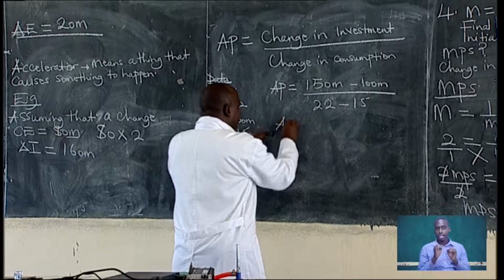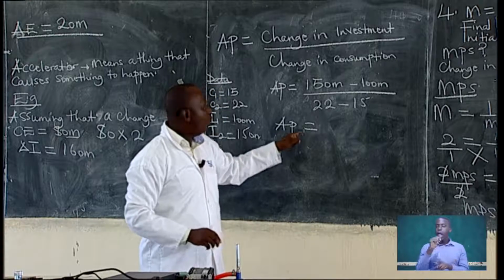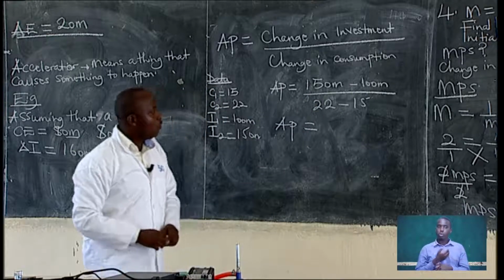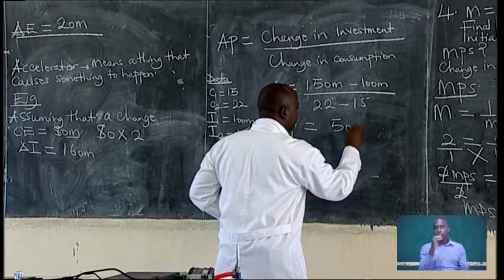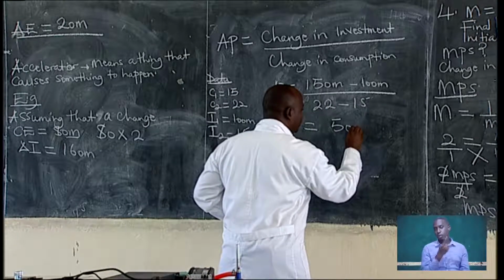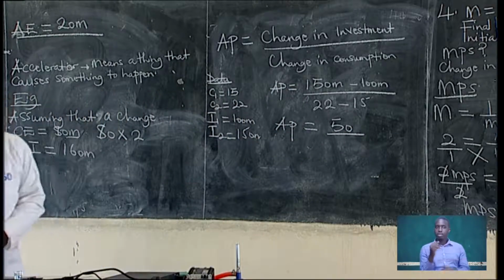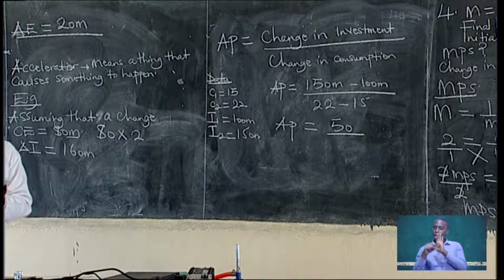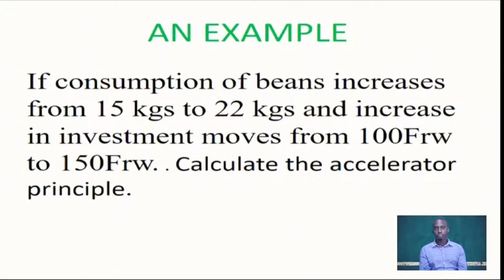If you get 150 minus 100, you will remain with 50, divided by 22 minus 15, which gives us 7.